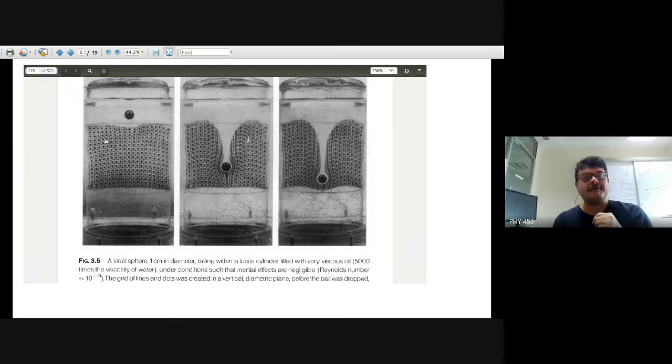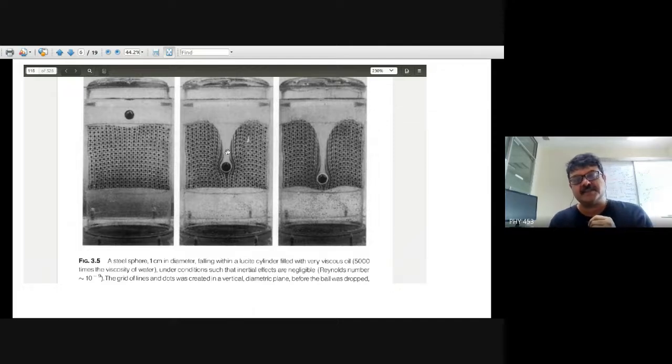There's a certain pattern lying right in the middle of the fluid, and a ball is falling, and as the fluid deforms, you can visualize the deformation of this ink pattern. This is in a plane, and you can see the deformation, and from that you can figure out the velocity field, the velocity gradient tensor, and the deformation and all that.